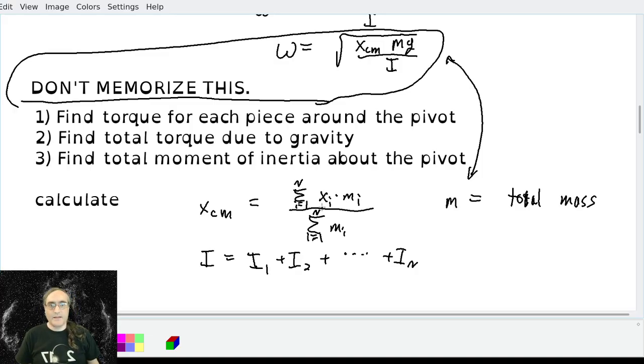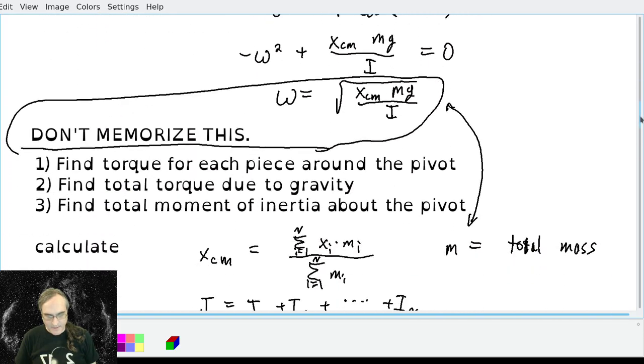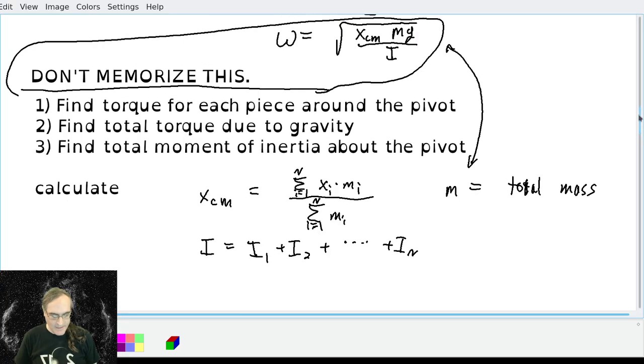So when I'm doing my examples, I will be doing the examples step by step, stage by stage. I'm always going to come back up, draw my picture, go through things carefully, and find my omega or whatever else I need, step by step. It's the process that you want to understand here, because the process never changes.